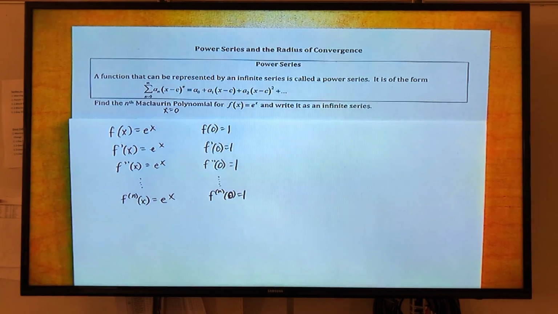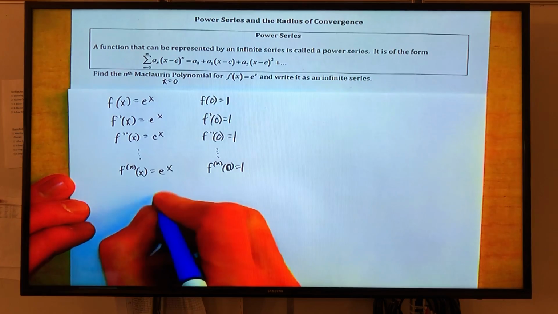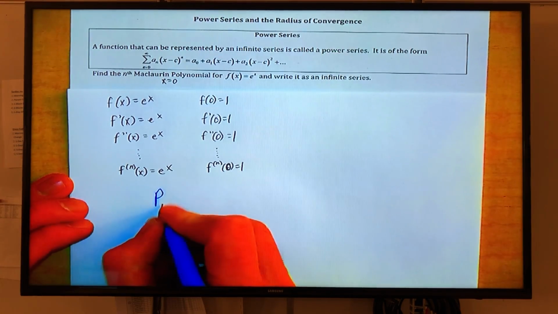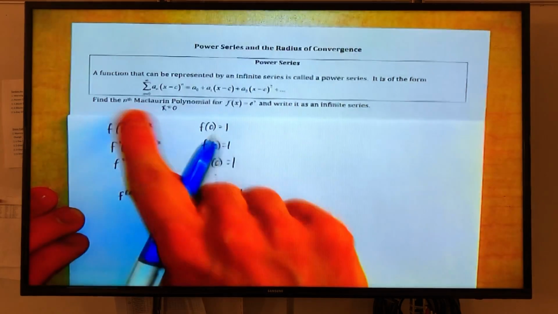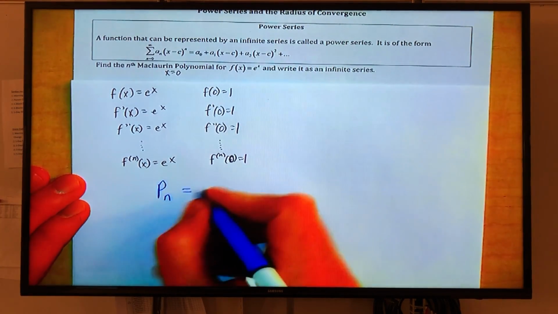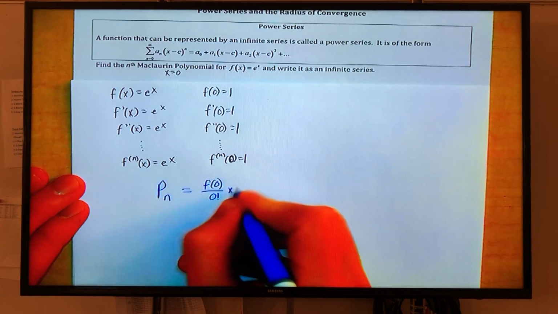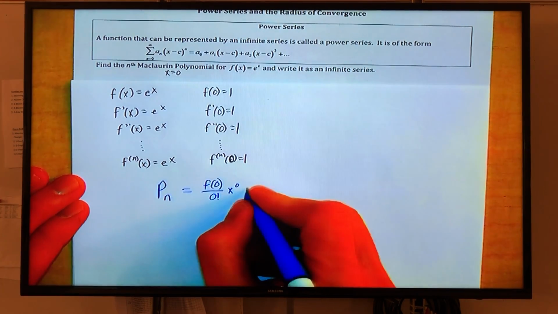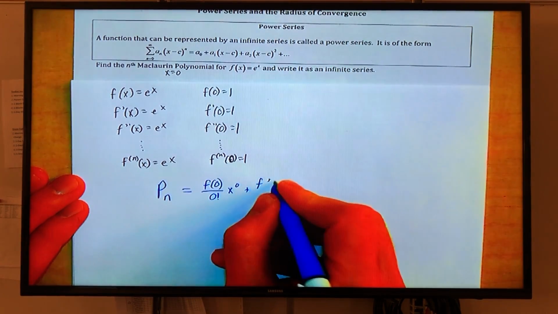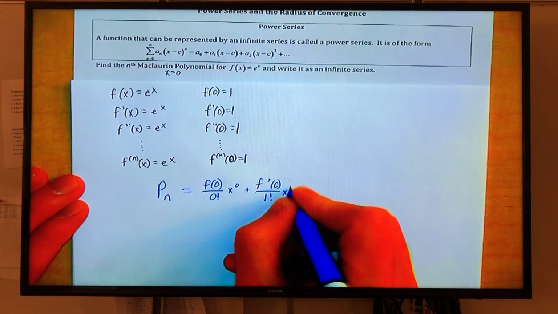Now, a Maclaurin polynomial follows this form right here. A Taylor polynomial does too, only Maclaurin is centered at 0. So whatever degree I want, and I'm going to call it n because that's what they told me to do, I'm going to put f of 0 over 0 factorial, x to the 0. This stuff is superfluous. And then f prime of 0 over 1 factorial, x to the 1.